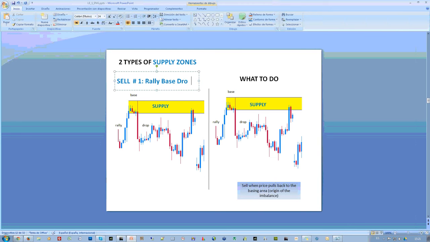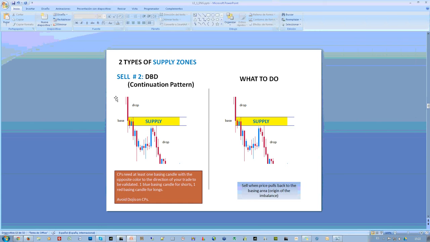For a demand area, we would have it like this: drop base rally. This is just the same thing. This would be the first type of level, the inverted V or a peak, swing high.